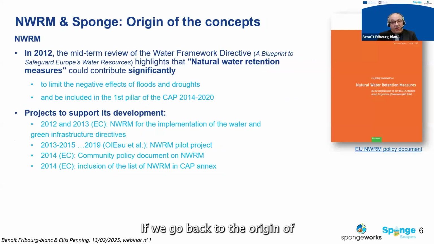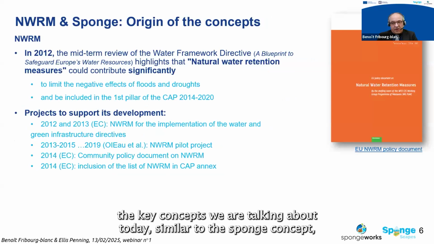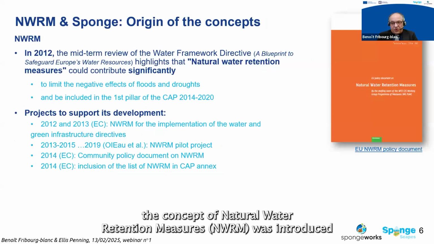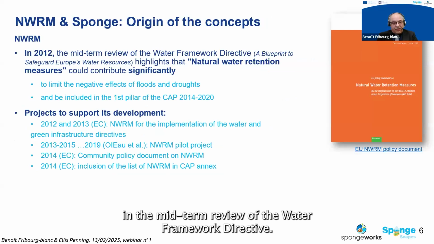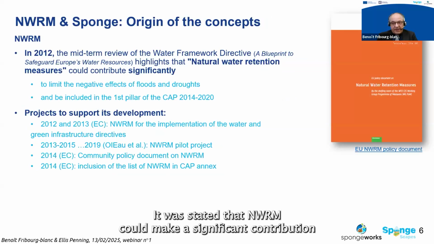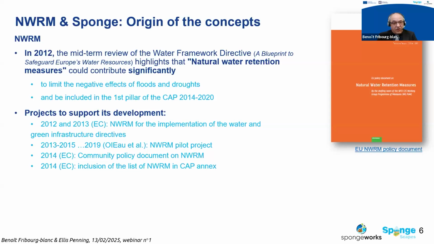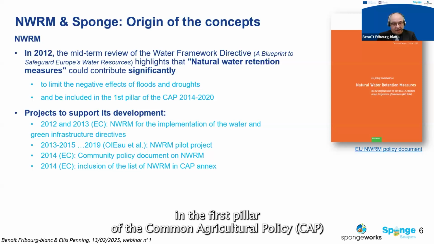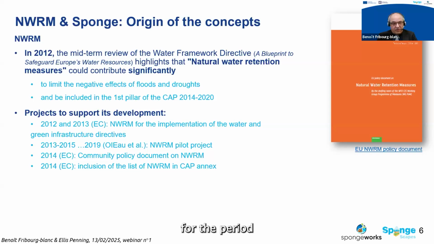If we go back to the origin of the key concepts we are speaking about today, the NWRM and sponge concepts: NWRM was introduced in the midterm review of the Water Framework Directive, which highlighted that NWRM could contribute significantly to reducing the negative effects of floods and droughts, and could also be included in the first pillar of the CAP for the period 2014-2020.